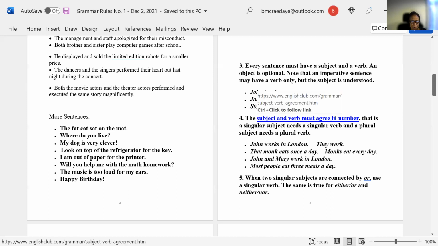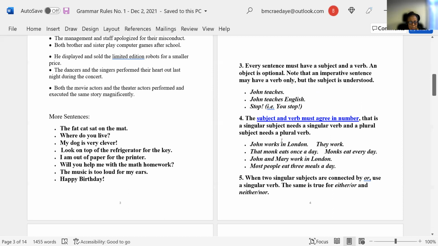The subject and verb must agree in number. That is, if the subject is singular, the verb must be singular. If the subject is plural, then the verb must be plural. Okay, now let's take some examples.